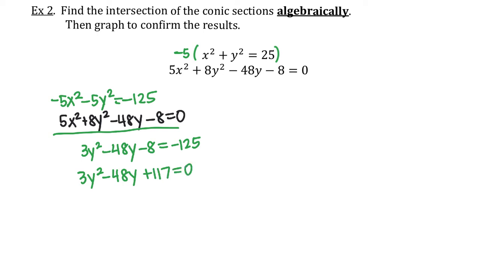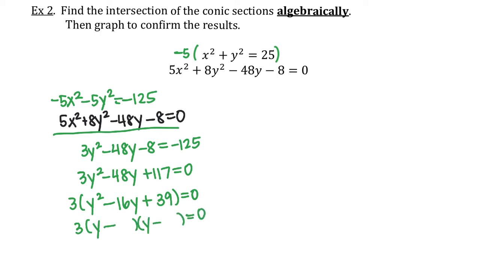Okay, now I think that I can factor out a 3. You could have also divided by 3 on both sides because the 3 doesn't have a variable, so it doesn't affect the solutions. Okay, what do I multiply to get 39? 13 times 3. Okay, so I get y is 13 and y is 3.